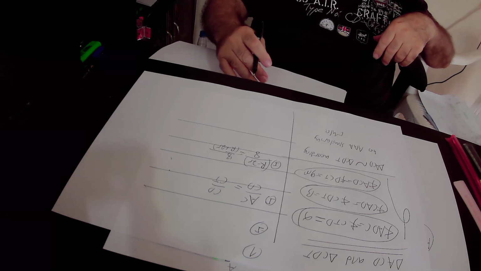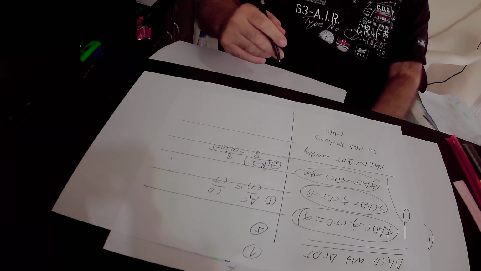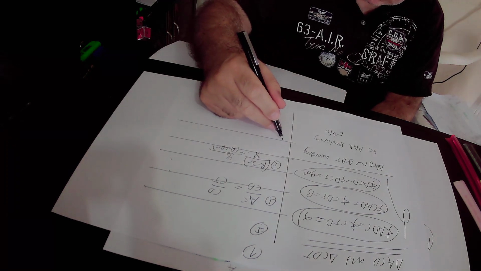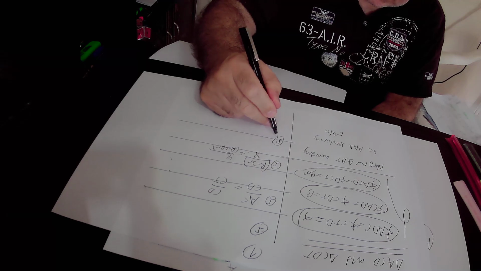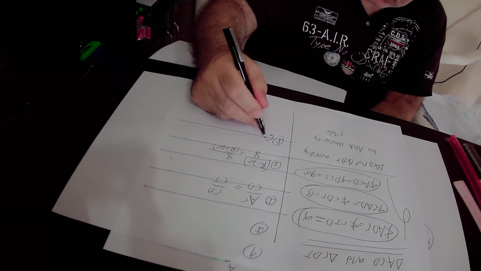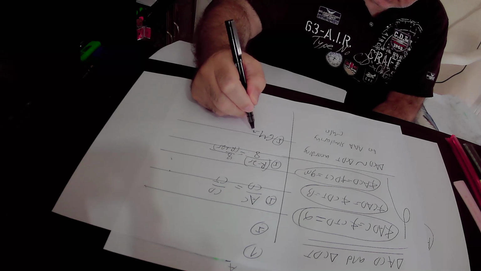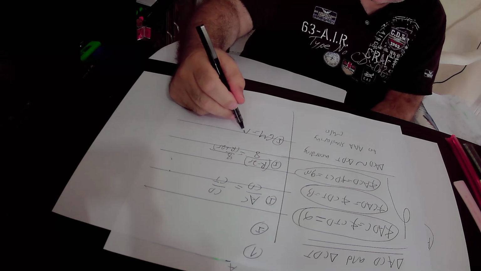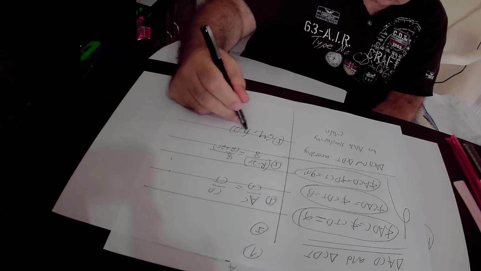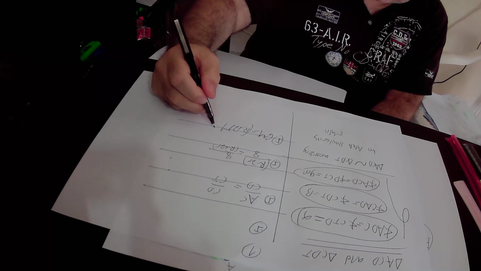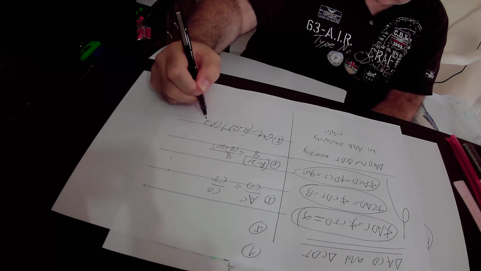Here we cross multiply equation number 1, and you will get that 8 times 8 is 64. That is equal to capital R plus 2R times capital R minus 2R.